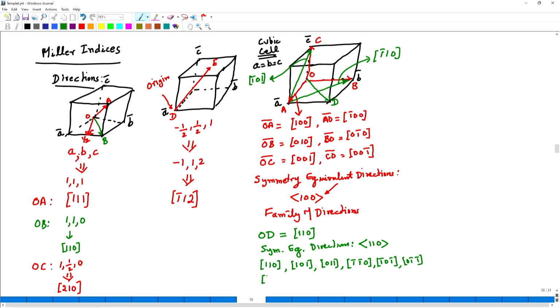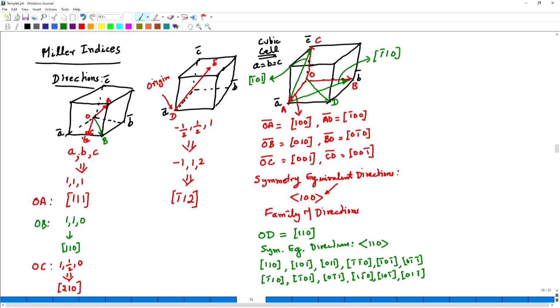Then there are other directions like bar 1, 1, 0, bar 1, 0, 1, 0, bar 1, 1, and one can write the negative of all these 3 directions. So, 1, bar 1, 0, 1, 0, bar 1, 0, 1, bar 1, and so on. So, I have written all the possible symmetry equivalent directions along the face diagonals.